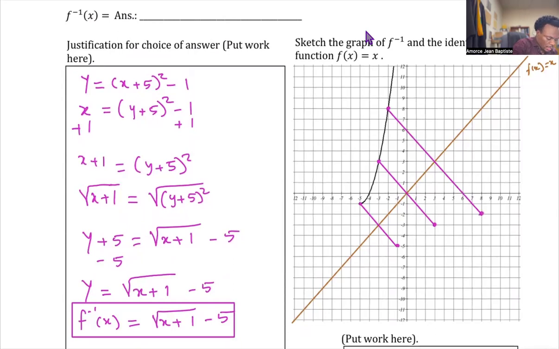And then I can just sketch this. That is the graph of f inverse. And then that's f.